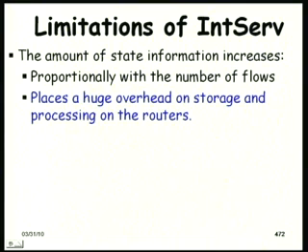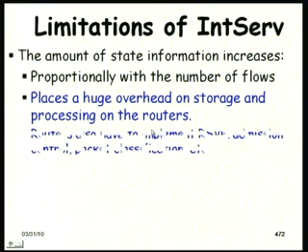So, this is one complexity, that the information that needs to be maintained at the router can become enormous depending on the number of real time connections that need to be supported, which can place a huge overhead on the storage and processing on the routers.